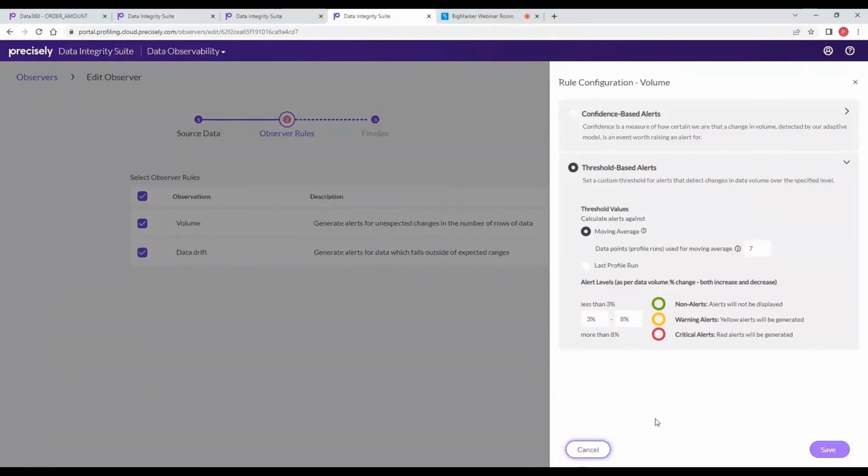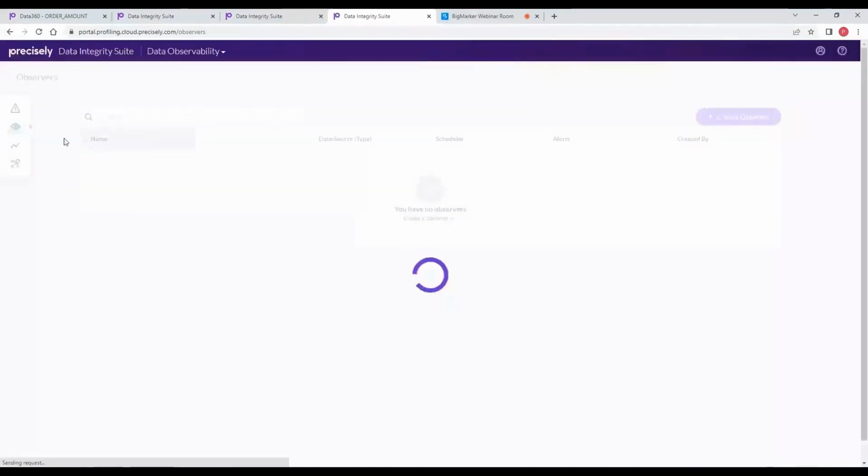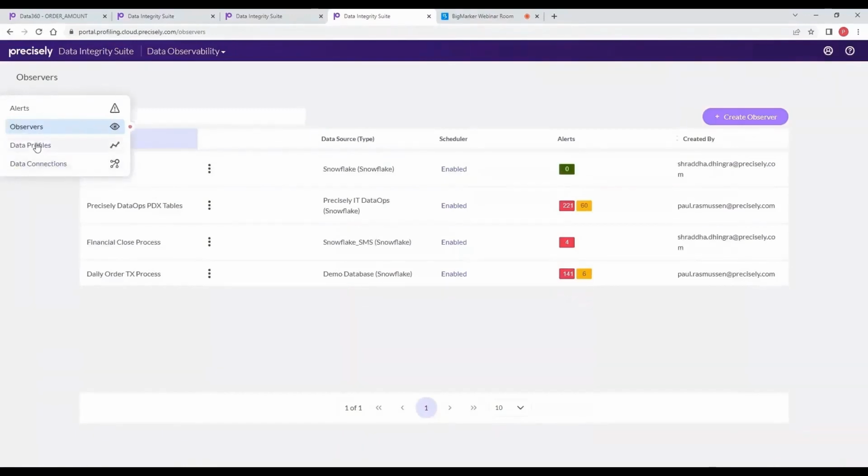That's the amount of variation which I consider normal. And anything above that, I would like to be notified. I want to make sure that that's not because of a data anomaly and it's just business as usual. So I love that that option is available, where I can set up my own thresholds and not rely on AI and ML to make that decision for me.